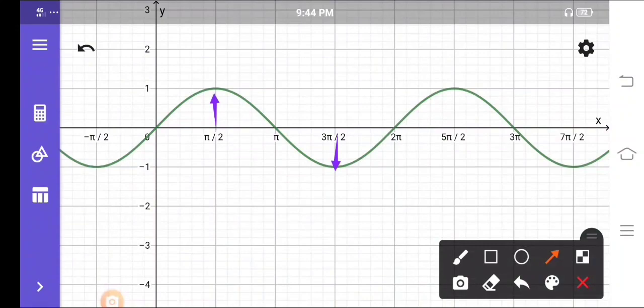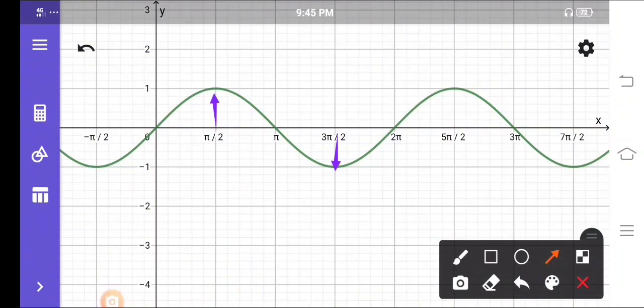Or since it is the absolute value of a, if we consider negative 1, the absolute value of negative 1 is 1. Our amplitude is 1.